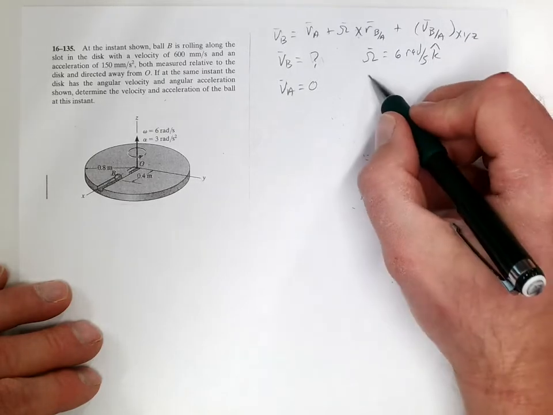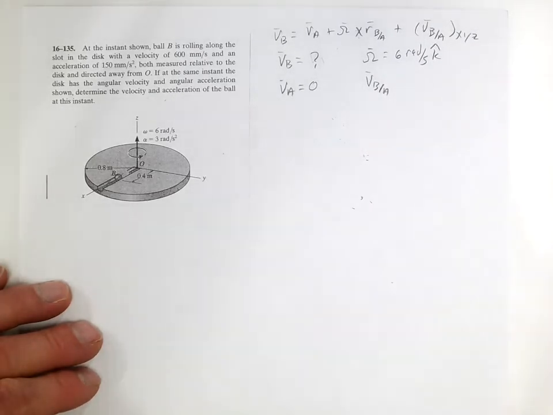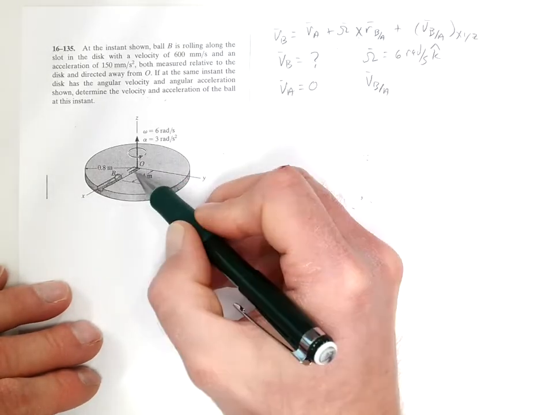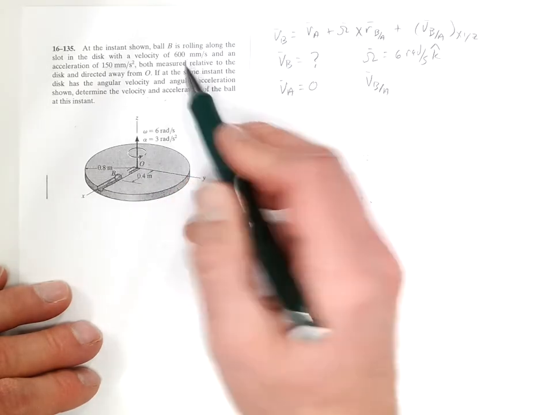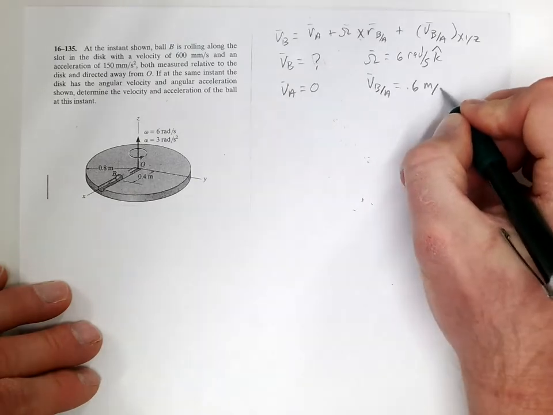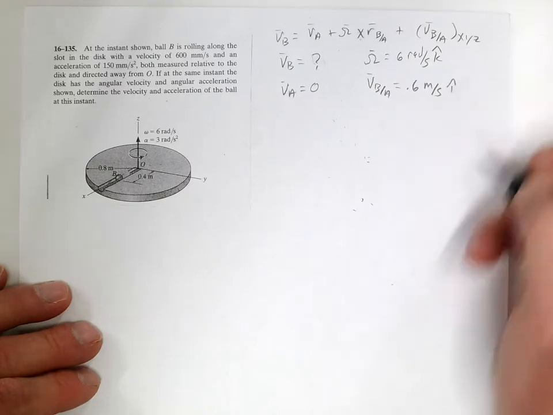And then VB with respect to A is the velocity of B with respect to A as measured by an observer attached to the rotating frame. So someone on this is watching how fast it is moving out. So that V would be 0.6 meters per second, and that would be in the positive I direction.